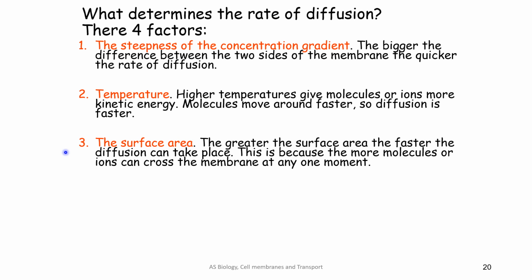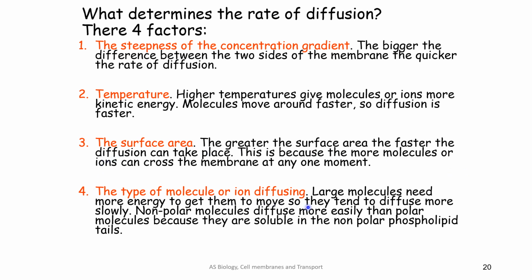The surface of the cell is so big compared to the inside of the cell. So that gives you more area for molecules to go in and out of that cell membrane at any one time.